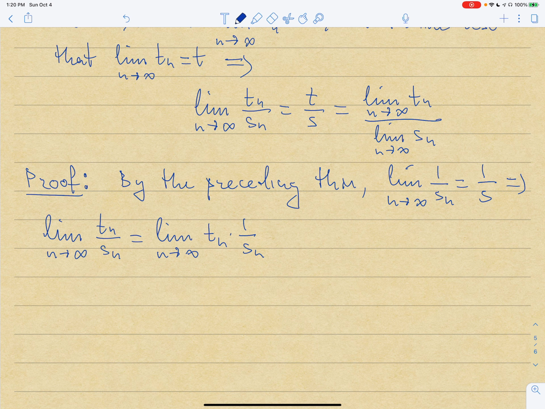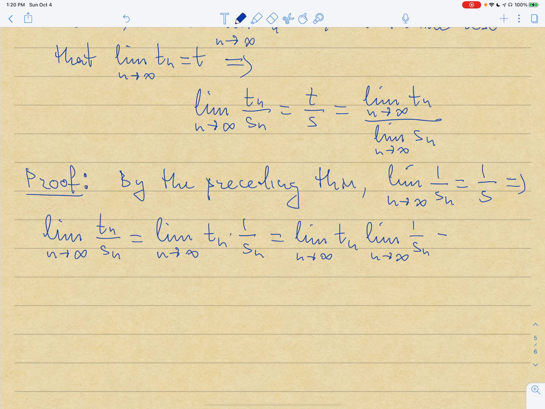And then the limit of the product is the product of limits. This is the same thing as the limit of Tn times the limit of 1 over Sn, because both of these sequences converge.